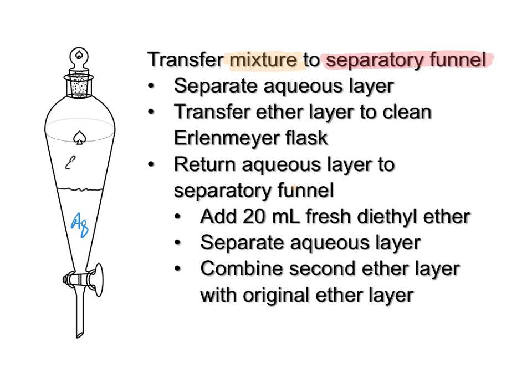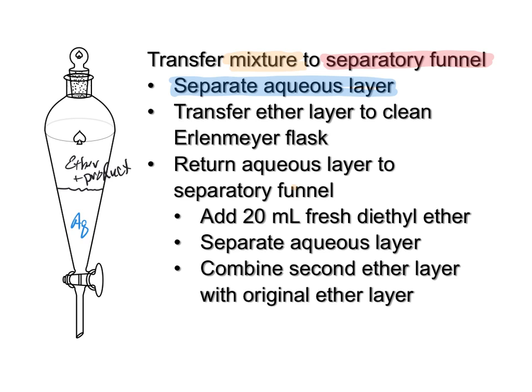Our ether phase, which should have our product, will be at the top, or at least most of our product. So we will separate the aqueous layer, right? Put that in one Erlenmeyer flask.